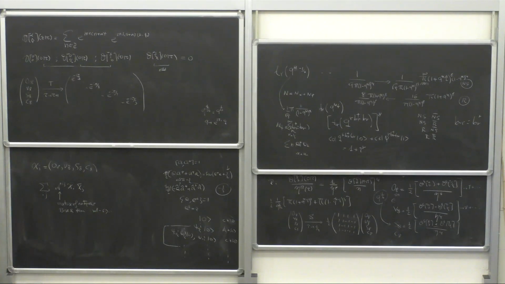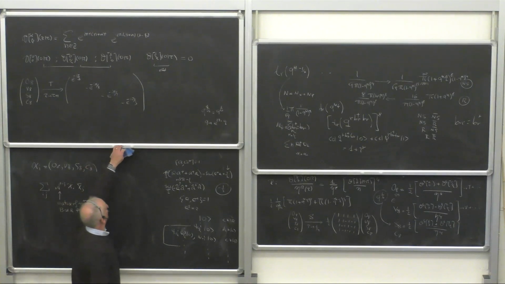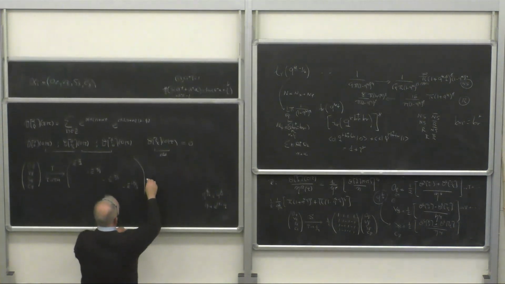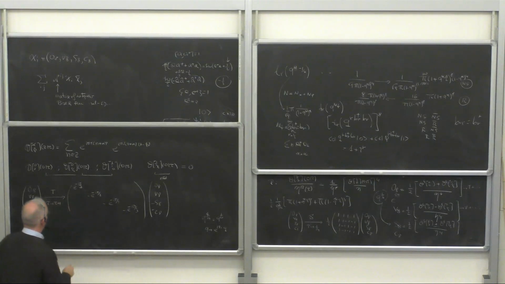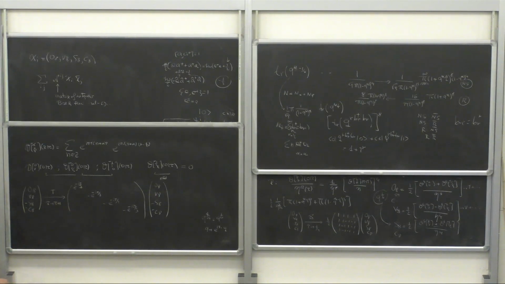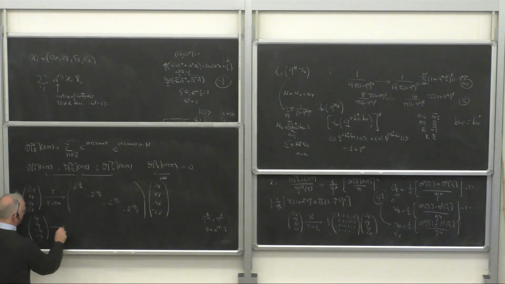So a better way to do this is to work with a different basis of characters. Instead of working with O8, V8, S8, and C8, we work with O8, V8, minus S8, and minus C8. The T matrix remains the same because it's diagonal. The S matrix changes, because if I work with this basis of characters, I'm automatically putting the minus sign for fermions.